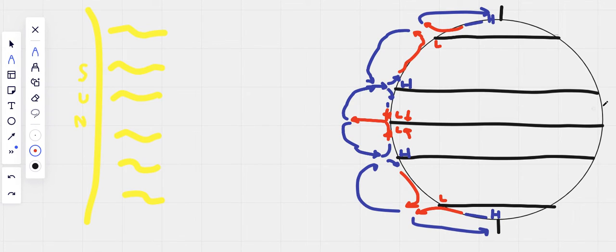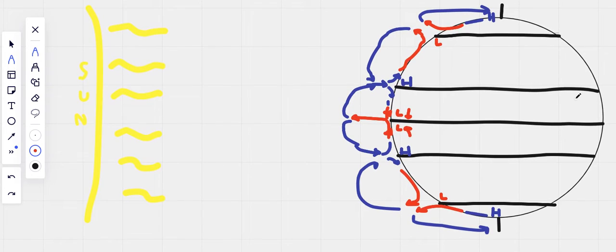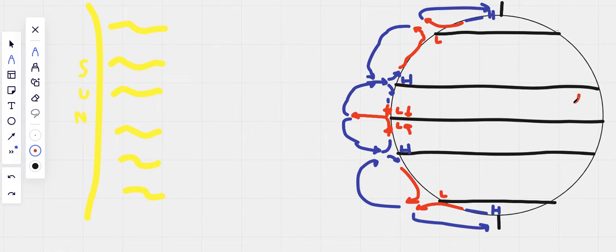So these winds are trying to move to the equator, but the Earth is rotating underneath it. So because the Earth's rotating underneath it, it causes these winds to bend like this.